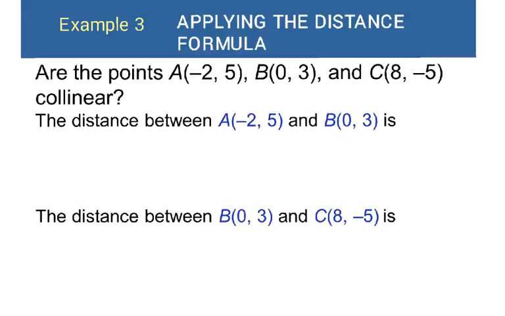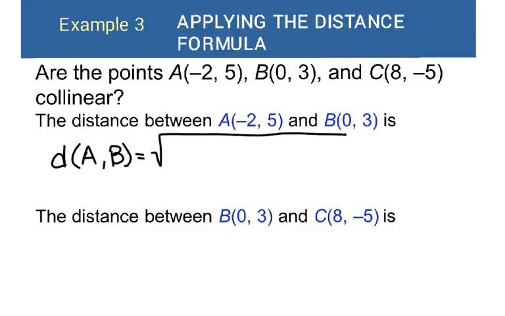Alright, so for this example, we're going to apply what we just saw on the previous page. It's asking us, are these 3 points collinear? And I've broken it down into parts for you. We're going to figure out the distance between A and B using the distance formula. So the square root of negative 2 minus 0 squared plus 5 minus 3 squared.